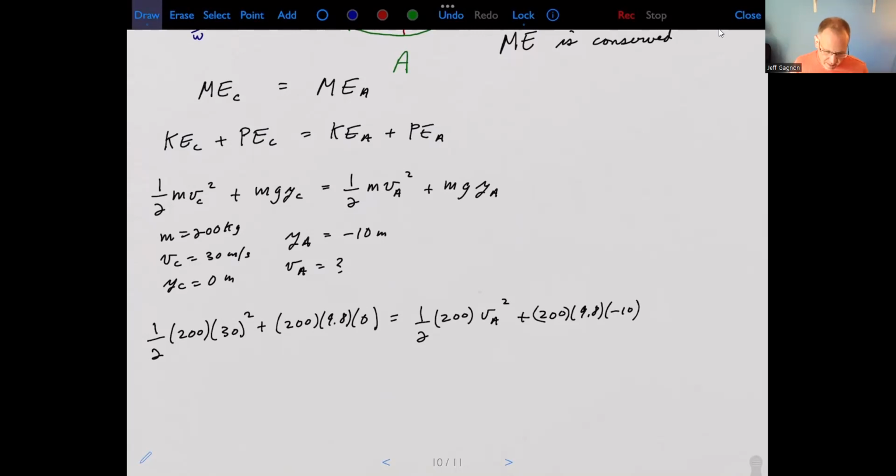That was the position at A, y of A, which is -10.